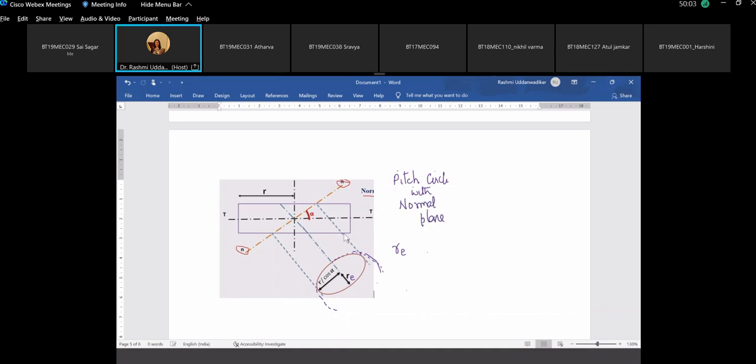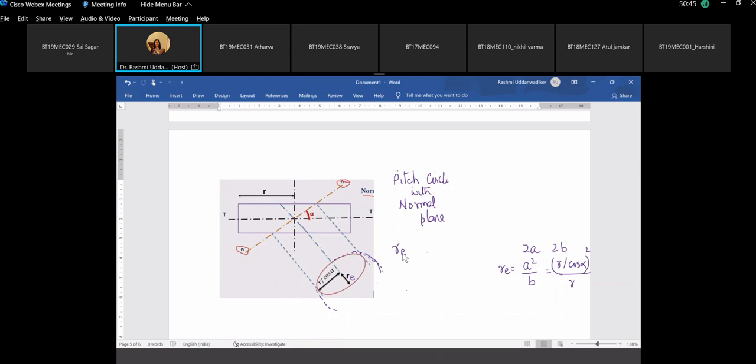Then on this circle, whatever number of teeth can be generated is known as the formative number of teeth. And this Re, I'm not going too much into the details, happens to be given by a squared by b, if the major axis is 2a and the minor axis is 2b, where a is r upon cos alpha and b is r.